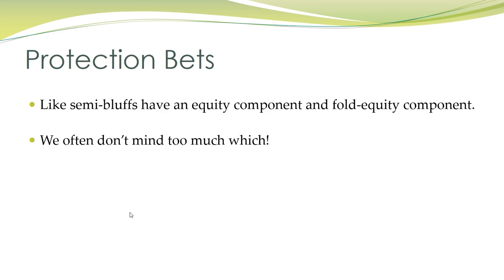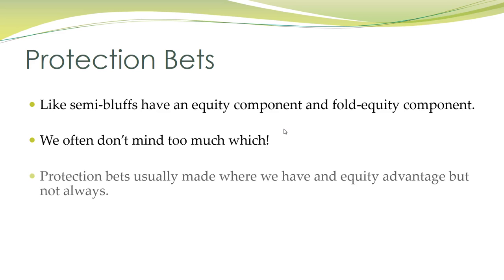The interesting thing is we often don't mind too much which is the main component, and this is similar to semi-bluffs. There are types of semi-bluffs where we have a bunch of fold equity but very little pot equity when called. There are other types of semi-bluffs where we don't rate our fold equity too highly, but we're going to have a bunch of pot equity when called, so we don't mind too much if our opponent doesn't fold.